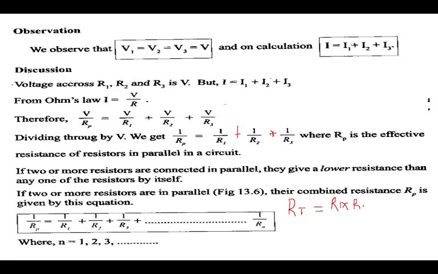In an exam, if there are only two resistors in parallel, just use this; we call it product over sum. So you have R1 multiplied by R2 divided by R1 plus R2. Then you substitute the values given, and you find the magnitude of the resistance. That's not a big issue. So take note of this in case there are only two resistors in a parallel setup.